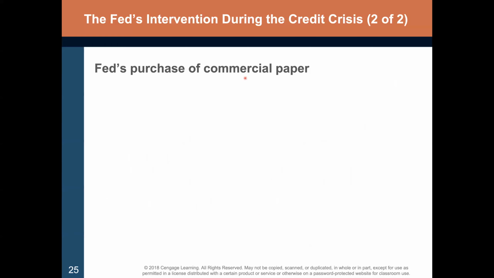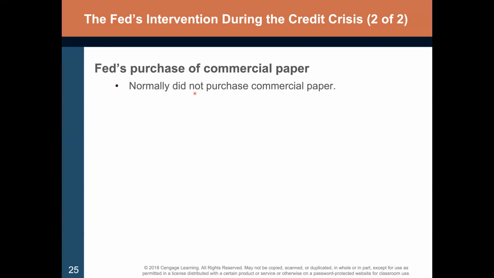The Fed also purchased commercial paper. Commercial paper is the short-term debt instruments that corporations use to borrow money on a short-term basis. They'll issue commercial paper, borrow money, and then pay it back.